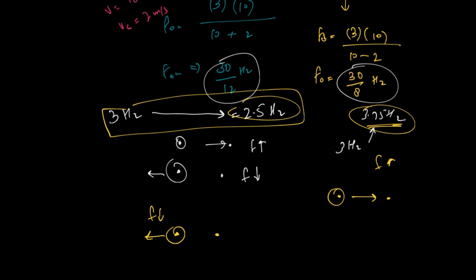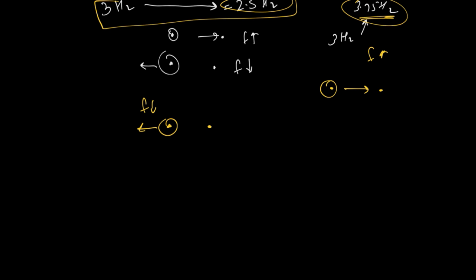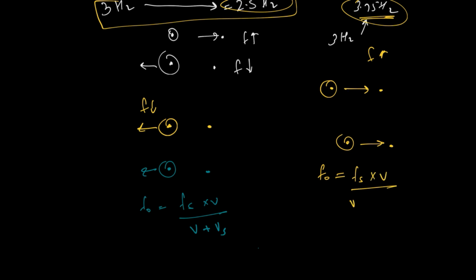And this makes it easier to understand which formula is to be used in which scenario. When sources go away from my observer, the formula to use is frequency of observer equals frequency of source times velocity divided by velocity plus velocity of my source. And when sources go towards the observer, the formula to use is frequency of observer equals frequency of source times velocity divided by velocity minus velocity of my source.